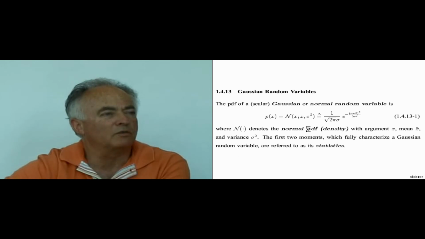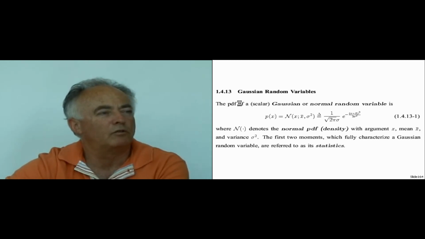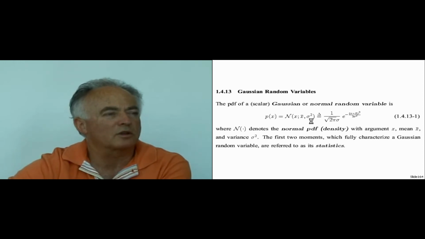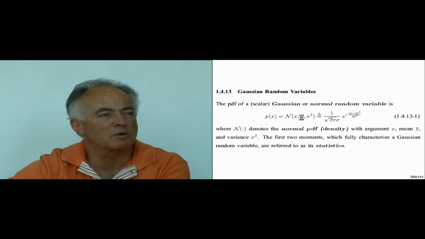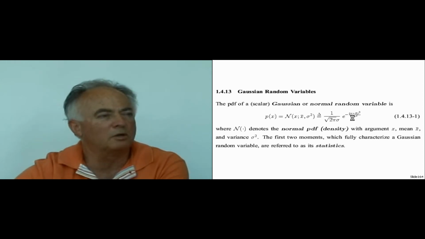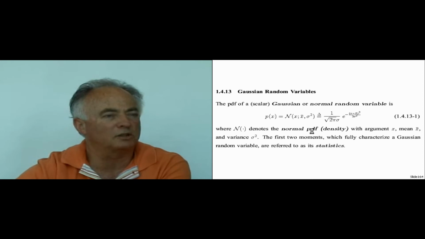Now, Gaussian random variables, we've already seen them, but we'll formally define this. P of x is a Gaussian with argument x, mean x bar, variance sigma square: 1 over square root of 2 pi times sigma, e to the minus (x minus x bar) square over 2 sigma square. So this is the normal PDF, or Gaussian, with argument, mean, and variance.